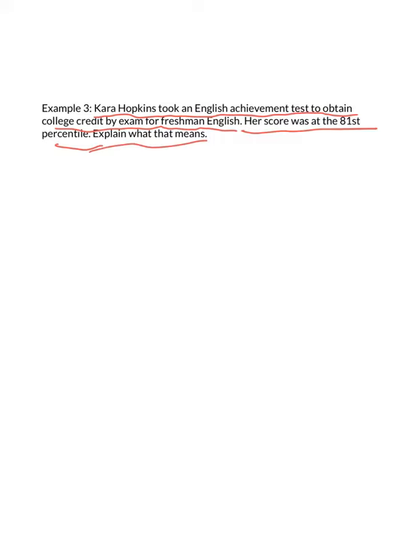Explain what that means. So if she got the 81st percentile, that does not mean that she got 81% of the questions correct. It's not telling you the same information in that score as a normal exam in a normal course would.